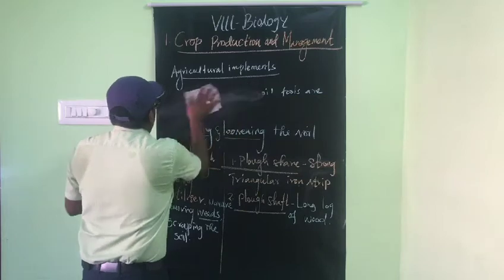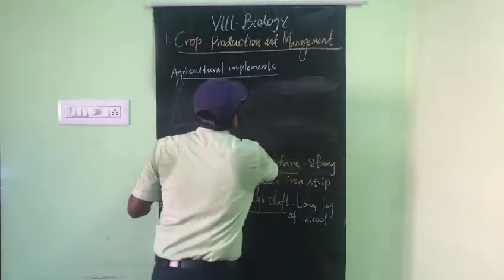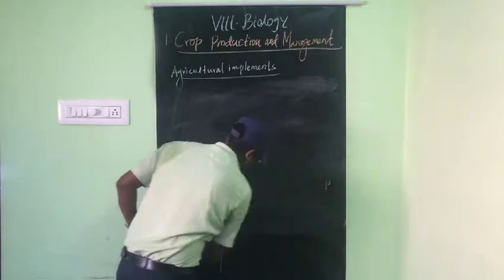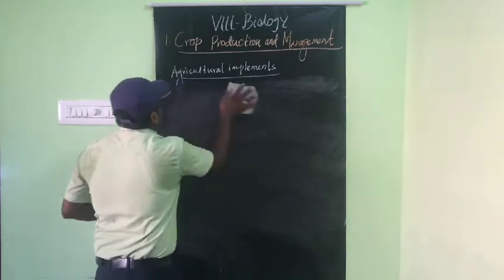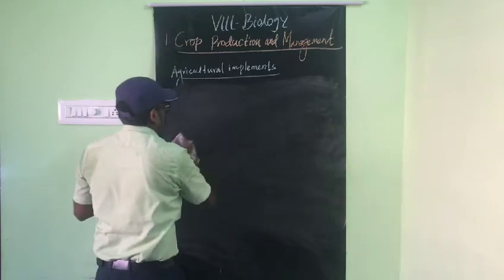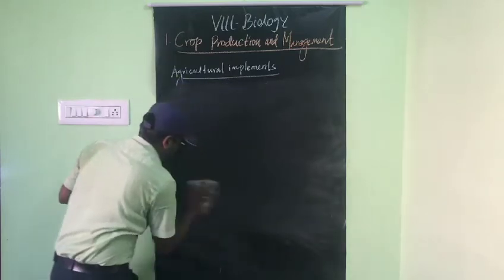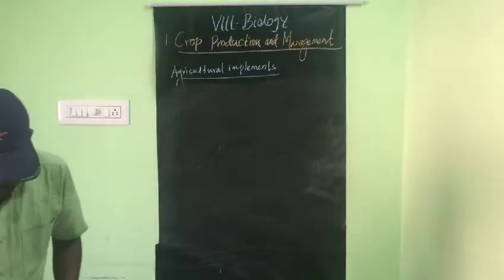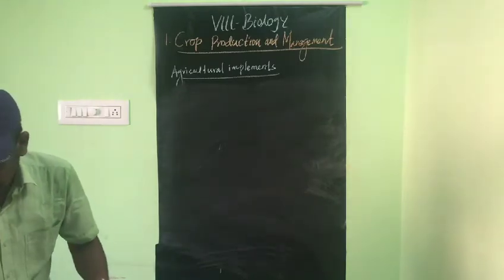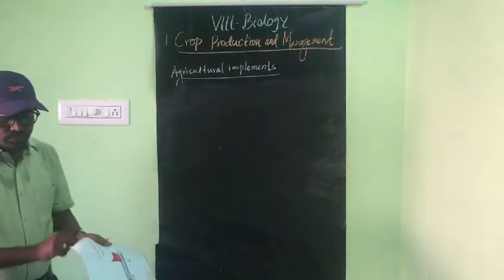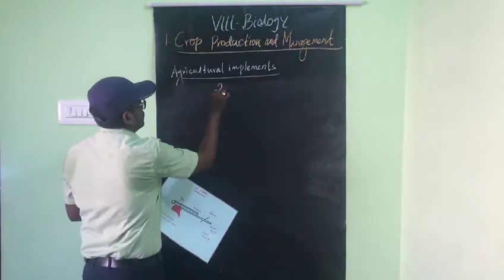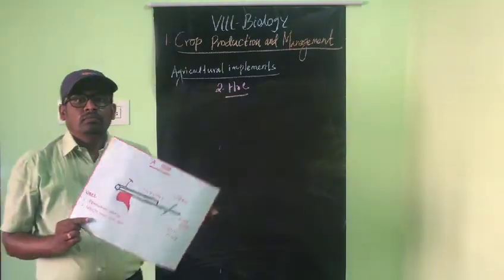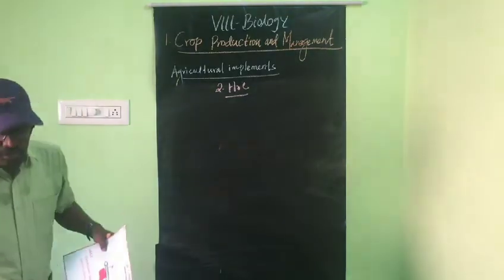The next agriculture implement is the hoe.